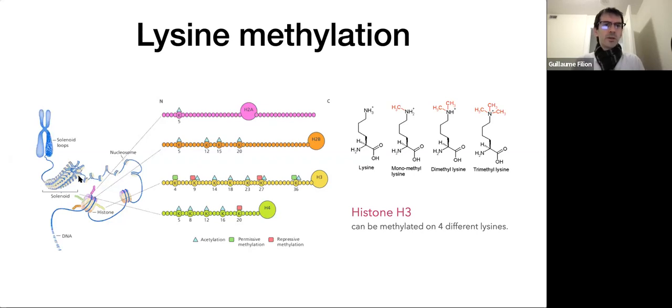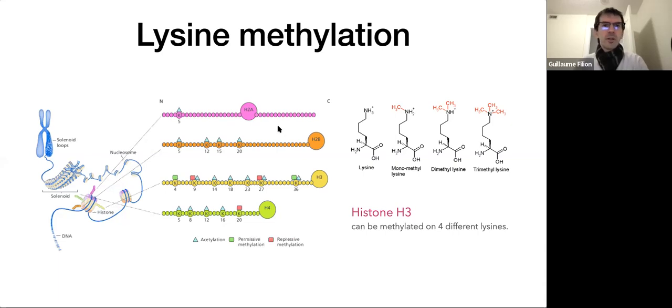And so at some point you go to this beads on a string model with the nucleosomes here around which the DNA wraps. And if you zoom in even further, you will see the tails with different colors here of the histones on the nucleosome. So here on this map are highlighted the places that can be modified either by acetylation, and that's not what we're going to talk about today, or by methylation, which can be permissive or repressive.